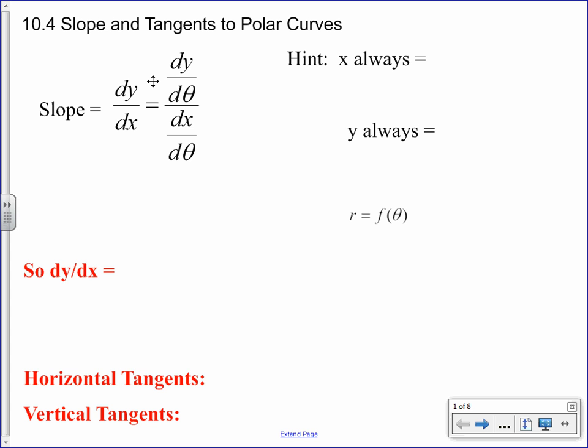What is x in polar form? R cosine theta. What is y? R sine theta. So when we go to find dy dx, we have to take dy d theta over dx d theta.